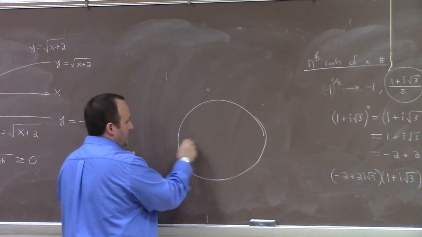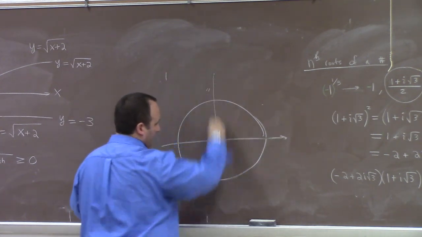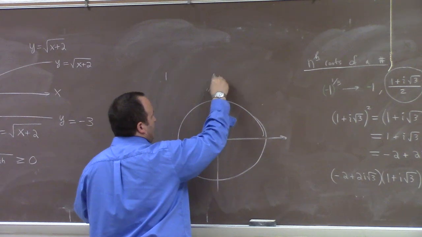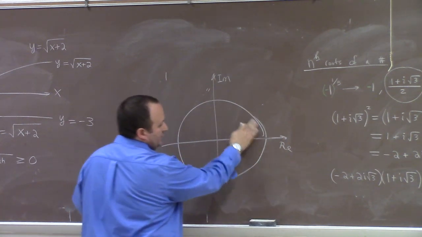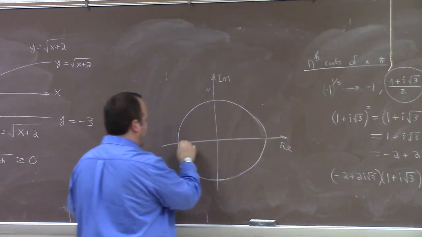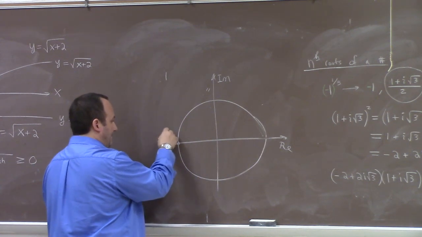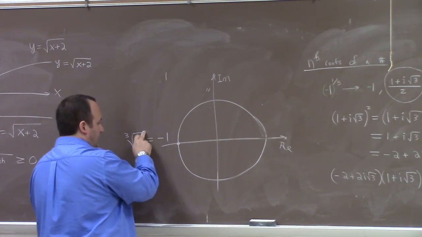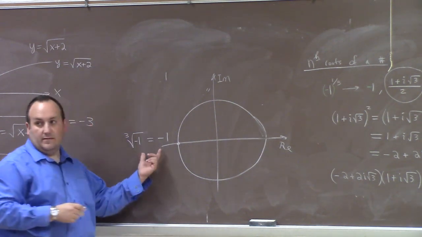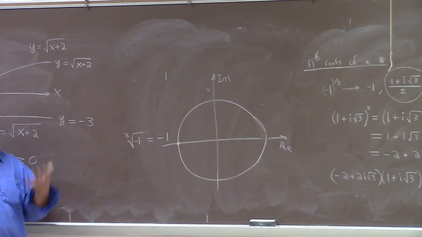So this is the imaginary axis, this is the real axis. And so one of the cube roots of minus 1 is just minus 1. You know that one. This is the so-called principal root. The principal cube root of minus 1 is just minus 1. That's the one we assume in here.